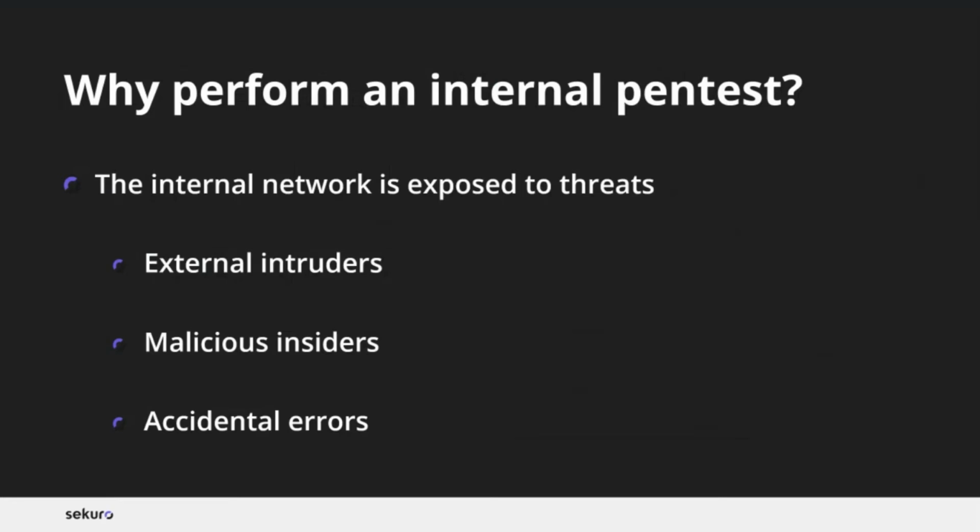So, for example, some common threats that we see or that we hear about are an external intruder. So those are the people who are trying to breach that external perimeter. We mentioned that at the start. So those are the people on the internet who are trying to get access to your internal network, trying to bypass your external controls to get access to those internal systems or those internal services.